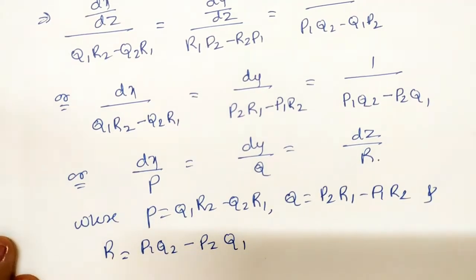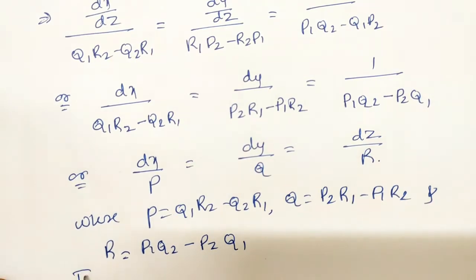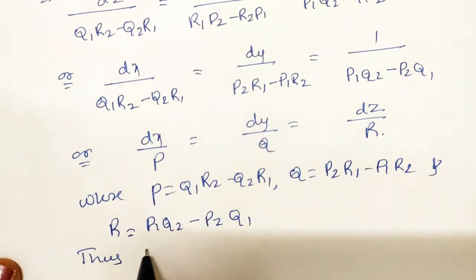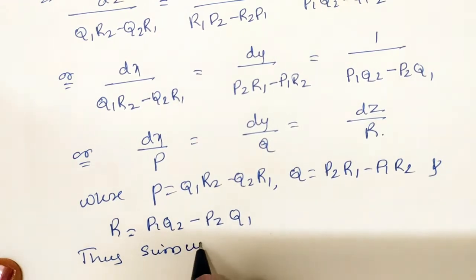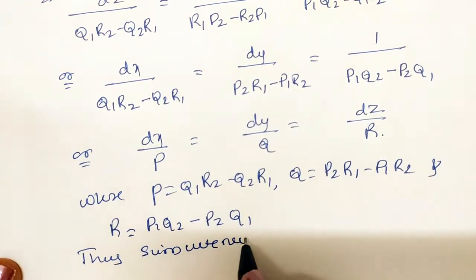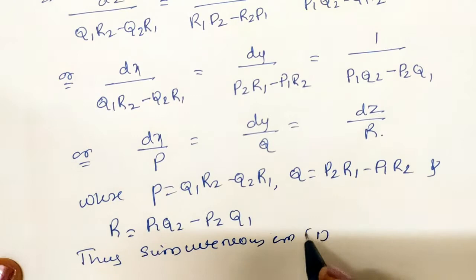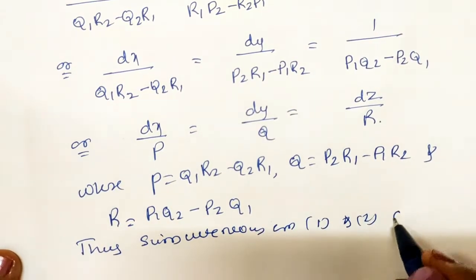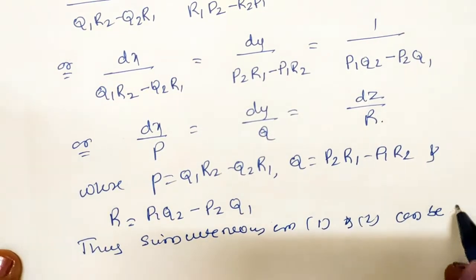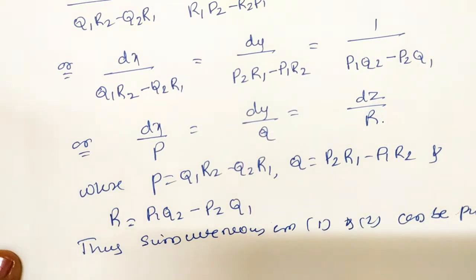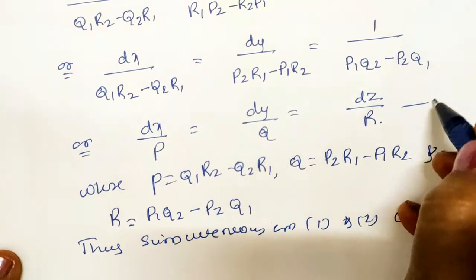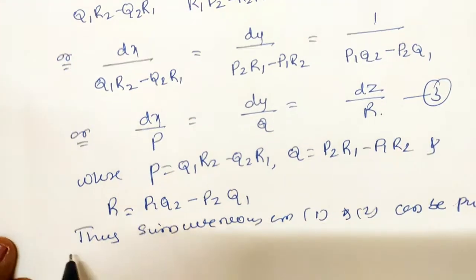Thus the simultaneous differential equations 1 and 2 can be put in the form of equation 3. This is our equation 3.